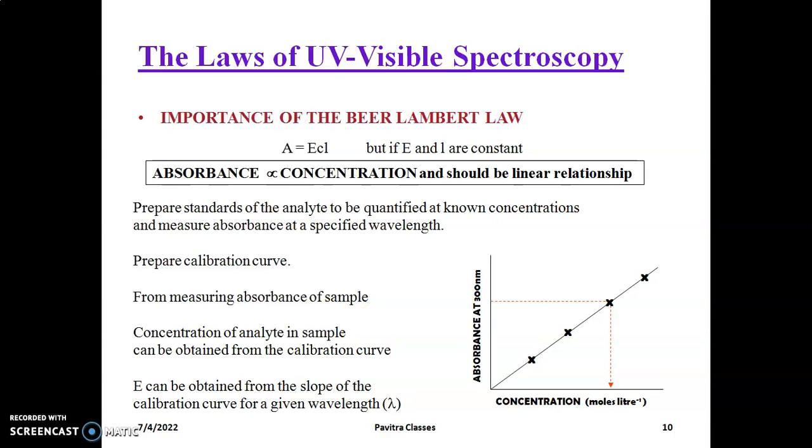Prepare standards of known concentration, measure the absorbance at the specified wavelength, and prepare a calibration curve. From the absorbance of a sample, the concentration in the sample can be obtained from this calibration curve. If the sample is unknown, you can calculate it. E can be obtained from the slope of the calibration curve at lambda max.